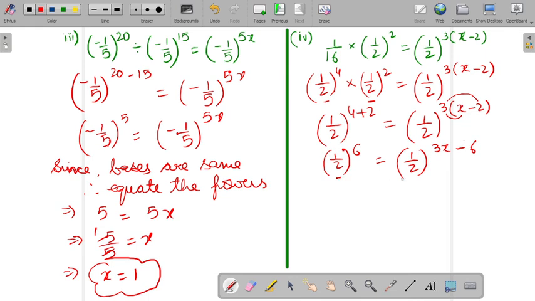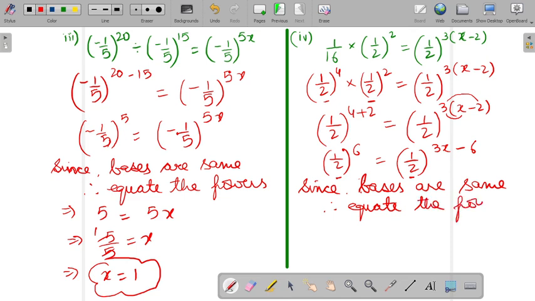Now observe, the bases are same on both the sides, so you will equate the power. So since bases are same, so what will you do? You will equate the powers. Therefore, equate the powers.